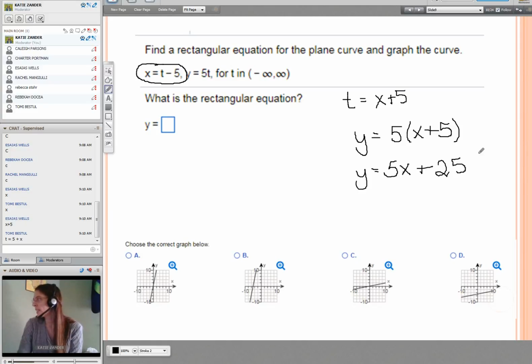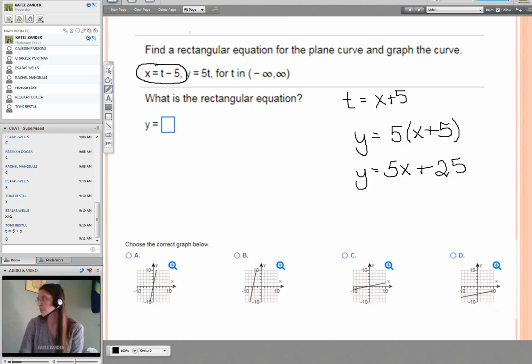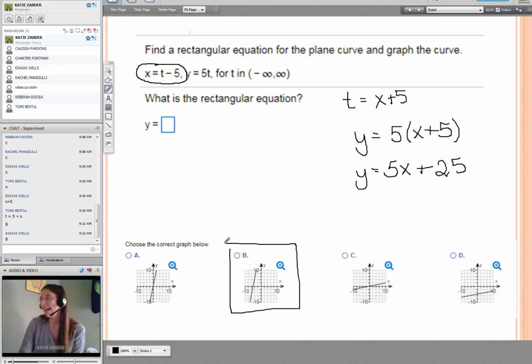And which graph does that match up down below? And we don't need a graphing calculator for this one. You should be able to identify which graph that's going to be out of your choices. Yeah, the only one that makes sense is graph B, right? Because you have a y-intercept of 25. The only one that has a possible y-intercept of 25 is graph B, and then we have a positive slope of 5.